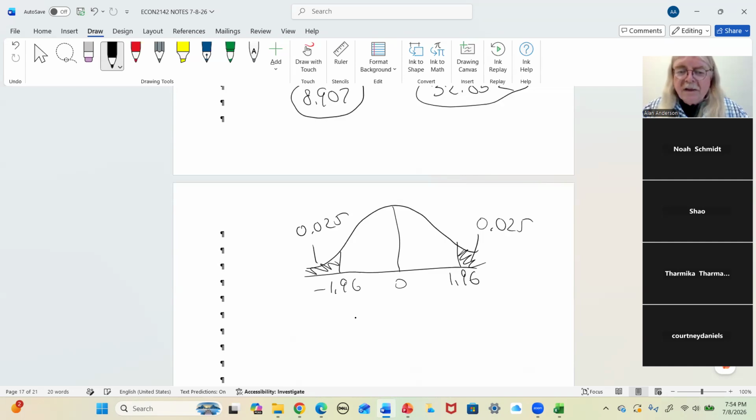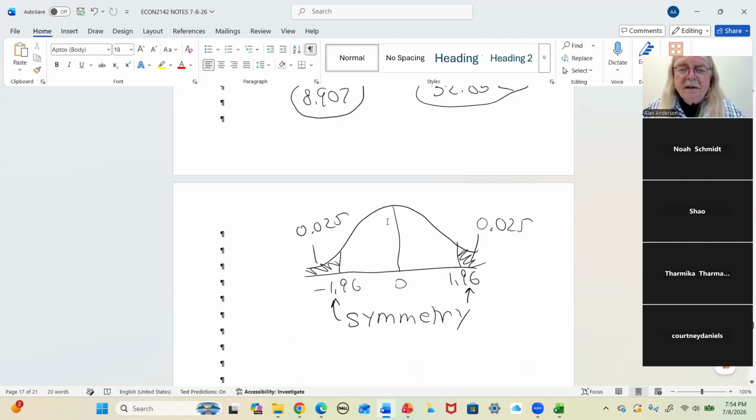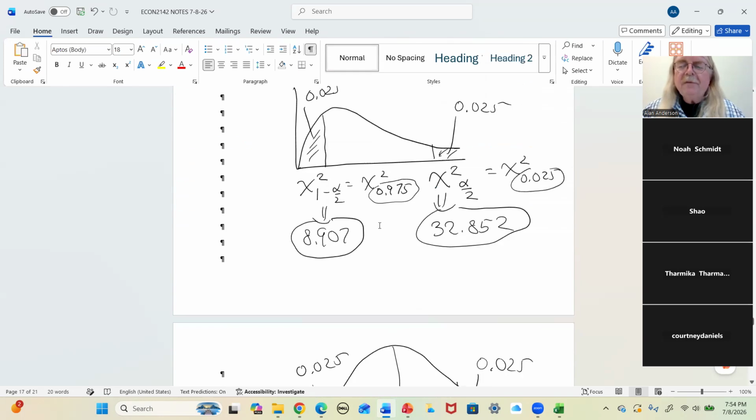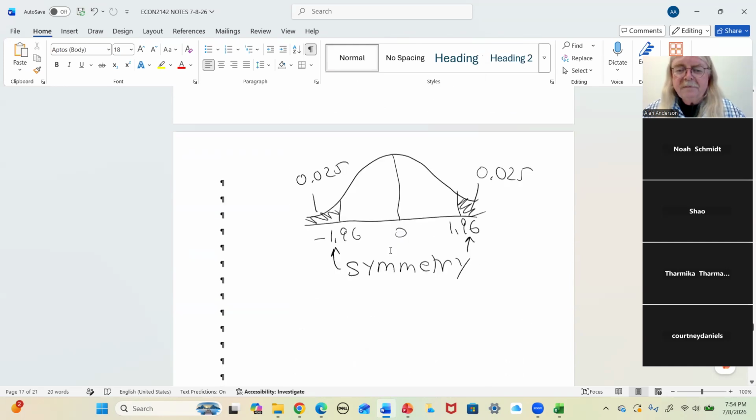The symmetry ensures that these two numbers are the same, but with different signs. I lose that with the chi-square distribution, so I have to look them both up. We have to look them both up because they're not going to be equal to each other.